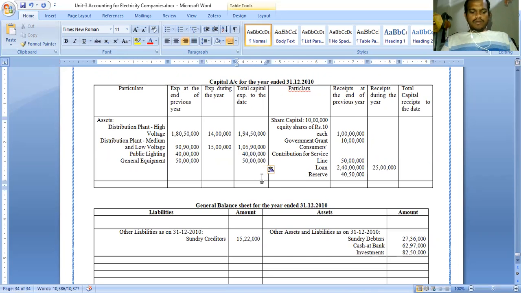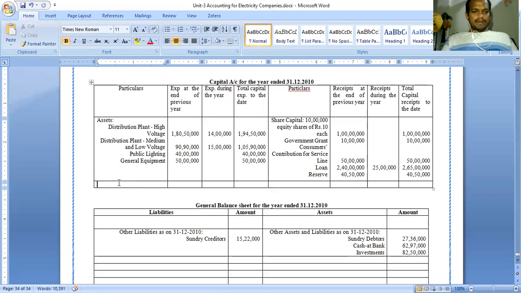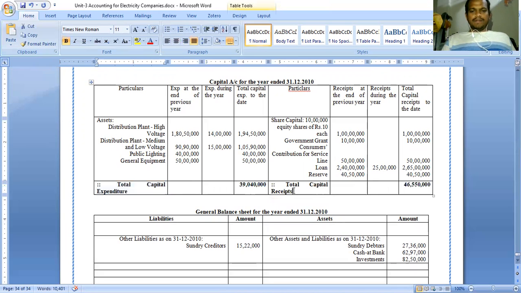I'm just totaling the capital account so that total capital expenditure as well as the capital receipts.